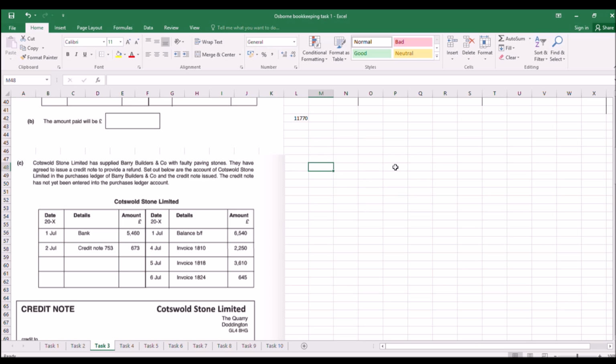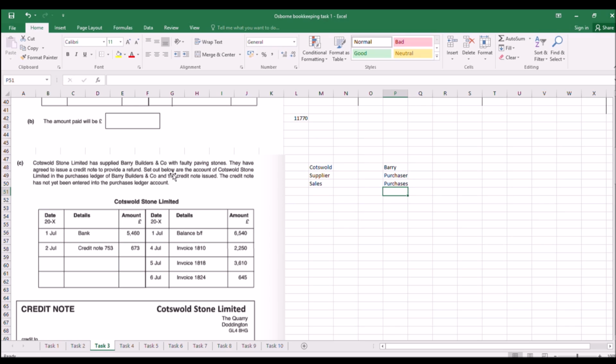Right, so Cotswold, and this is always important when you set these things out, because the examiner's going to try and spin you around in your head there. Cotswold is the supplier, so they're making sales. Barry is the purchaser, they're making purchases.